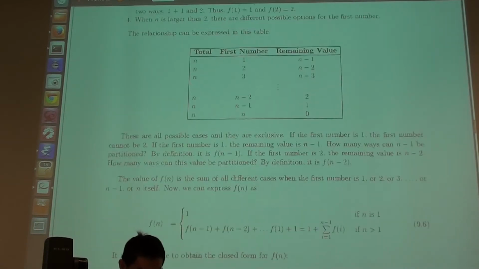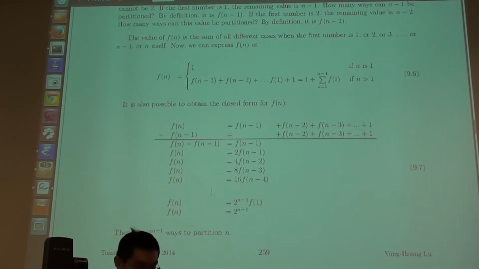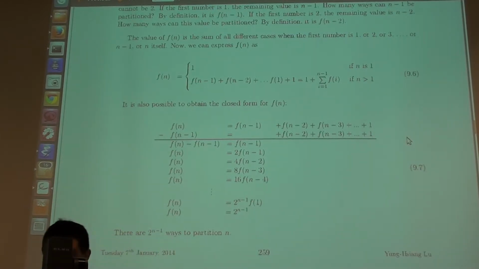We can simplify this. If you look at the equation, and I rewrite equation 9.6 by replacing n with n minus 1, then I have Fn minus 1 is this: Fn minus 2 plus Fn minus 3 plus 1, right? If I subtract the two equations, the left side is Fn minus Fn minus 1. The right side has only Fn minus 1 left.